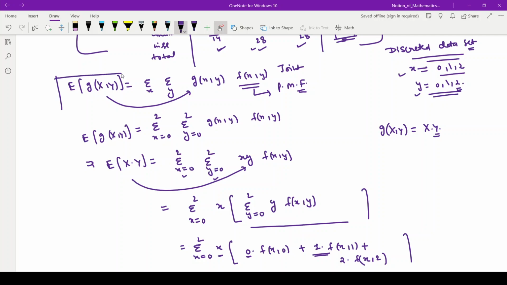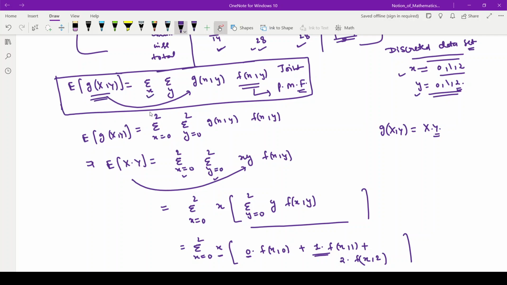There is a formula for the expectation of a joint function, that is, the expectation of g(x,y) is summation x summation y of g(x,y) into f(x,y), where this f(x,y) is known as the joint probability mass function. So we can put the values here of x and y. X is taking the values from 0 to 2. Y is also taking the values from 0 to 2.